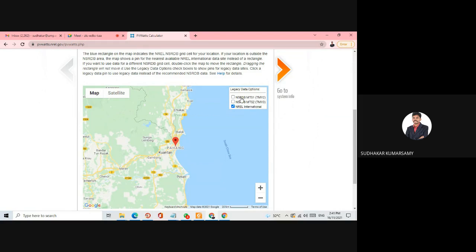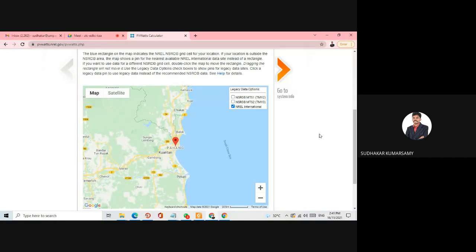Normally for solar simulation, we need the solar radiation data. For that, there are TMY2, TMY3 files. These are all solar radiation data files, which are either available through satellite data or through actual weather monitoring facilities. So basically, we depend on satellite data or the actual data of the weather station.